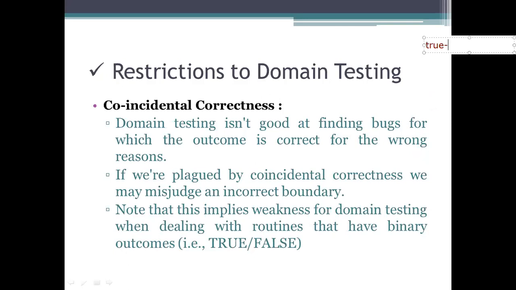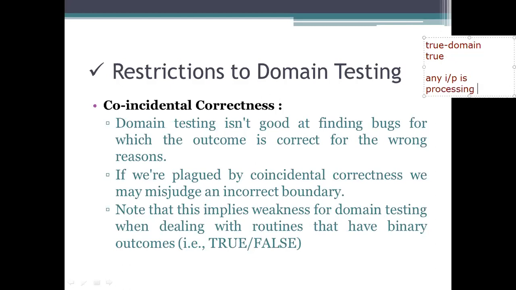So the true part means you have some domain here, and this domain has to execute only the true values. If any input is leading to execution of or processing false values, then we specify it as a wrong one.